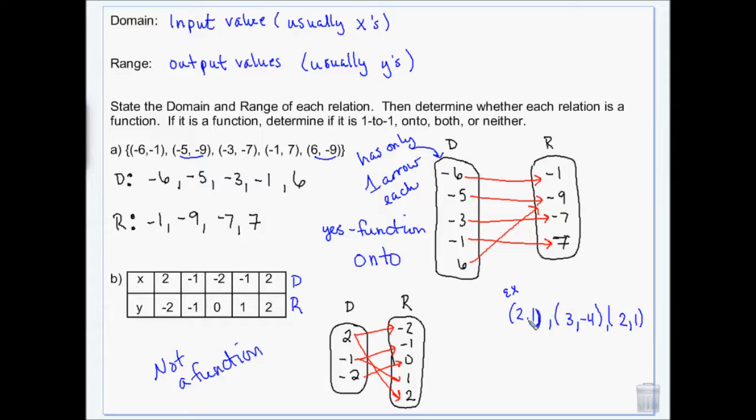This is still a function, even though I've listed the 2 twice, it's still the same pair. I just listed it twice. So the x can show up twice in the row if it has the same y. Does that make sense? Then this is still a function. It's when the x shows up twice and has 2 different y's that it's not a function. So the x can show up repeats.